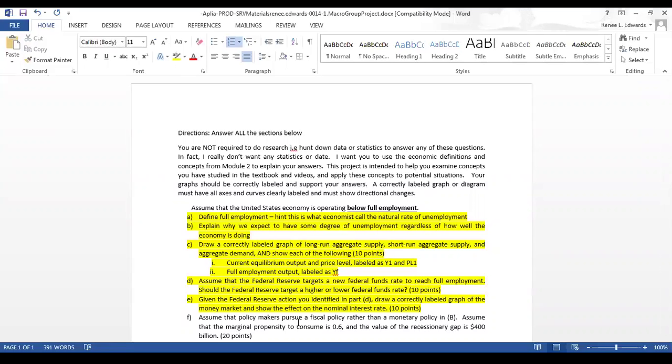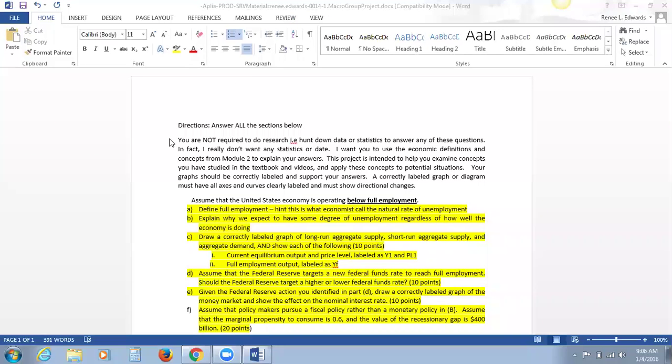This problem says specifically that the marginal propensity to consume is 0.6 and the value of the recessionary gap is 400 points. All right. The reason this is important is the book tells you how to solve for this, as well as inside of Aplia, I also posted a formula sheet.